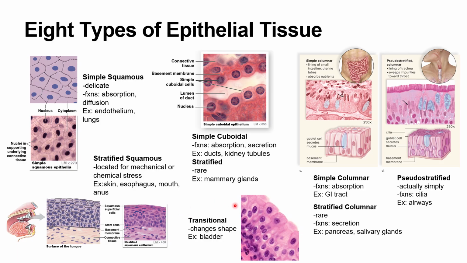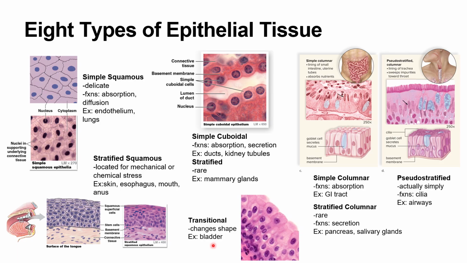And then coming on down to the very bottom here, we have our transitional epithelial tissue as well. The transitional epithelial tissue is named because it actually changes its overall shape. This is where we talk about the urinary bladder, as well as, to a lesser extent, the gallbladder as another example of this.